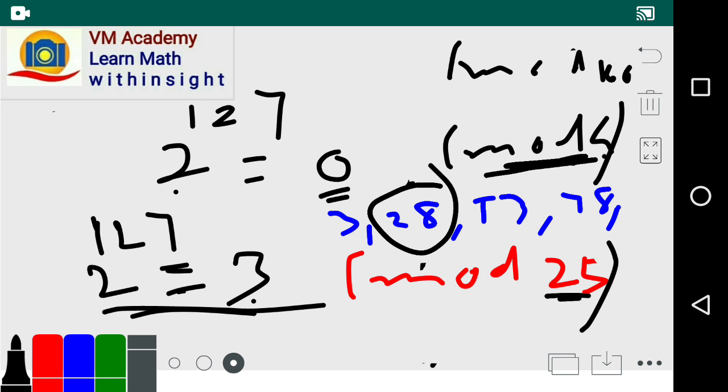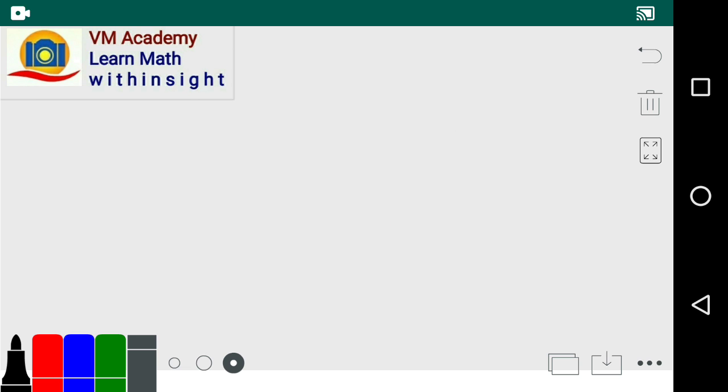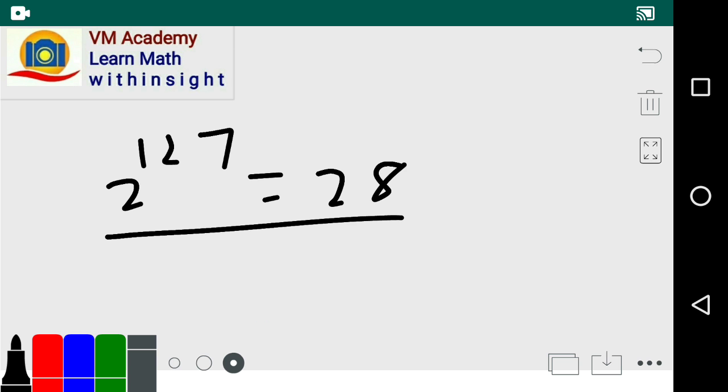So 2 raised to 127 gives 28 as remainder when it is divided by 100. That means 2 raised to 127 ends with 28 modulo 100.